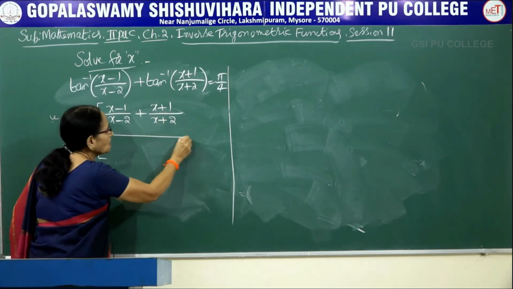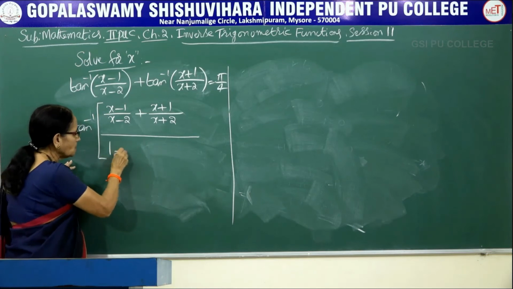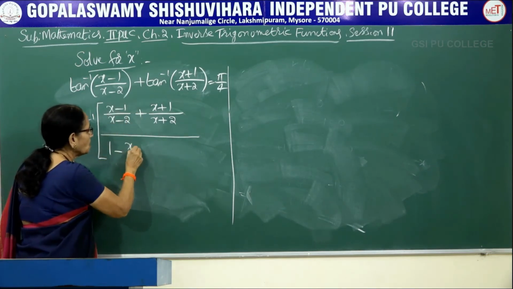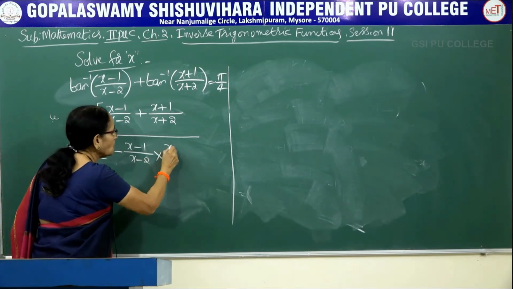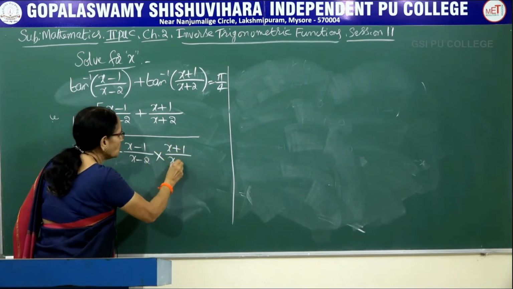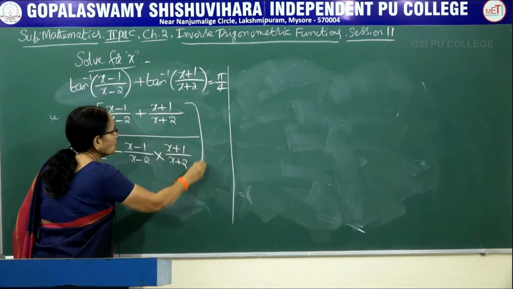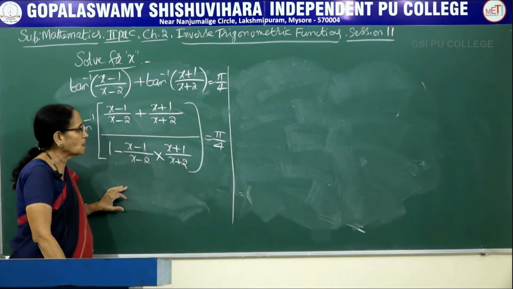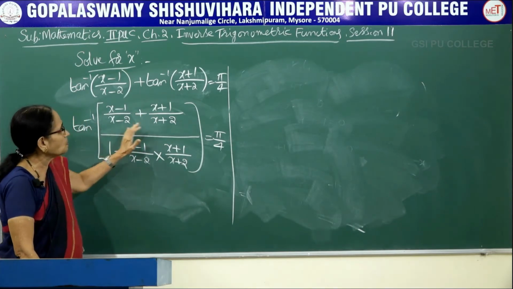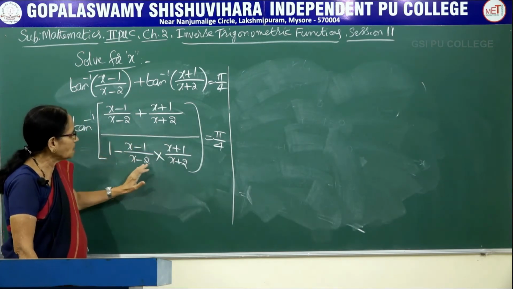Here write it a little bit lengthier, 1 minus x into y, x minus 1 over x minus 2 into x plus 1 over x plus 2. Now the right hand side you write as it is. So tan inverse of x plus y over 1 minus x into y.